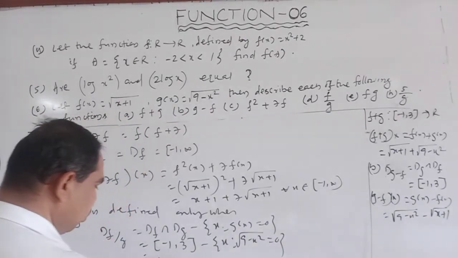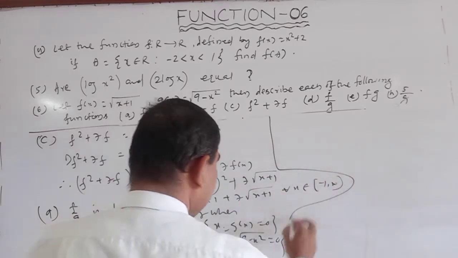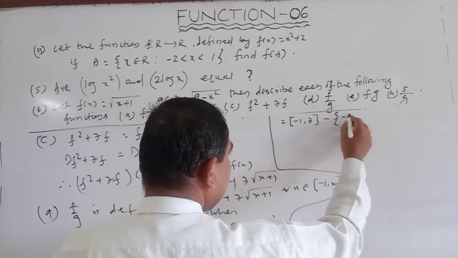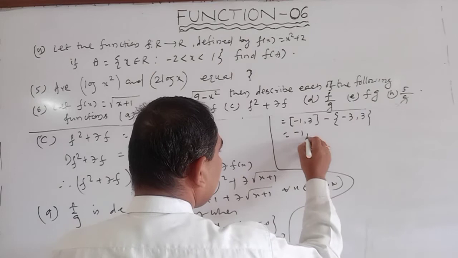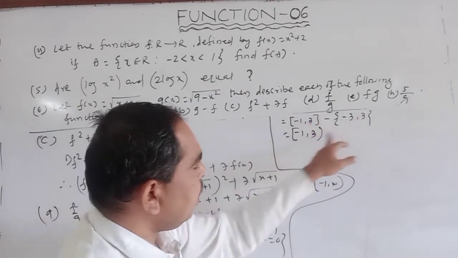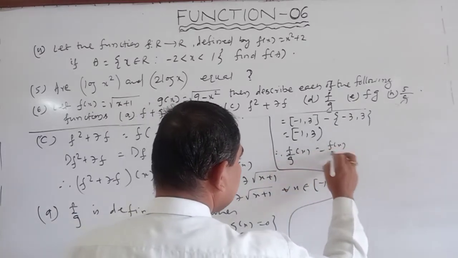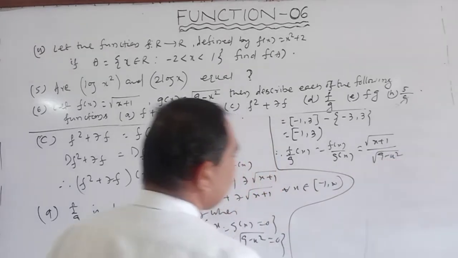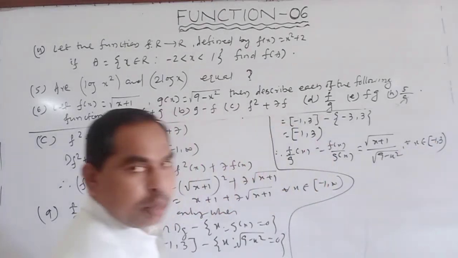So it is minus 1 to 3 minus minus 3 comma 3. 9 minus x square equal to 0 means x equal to plus or minus 3. So it is minus 1 to 3, where this end is closed and this end is open. It is open because 3 is excluded. Therefore f by g of x is equal to fx by gx. What is fx? Root x plus 1 divided by root 9 minus x square, for all x belongs to minus 1 to 3, semi-open.